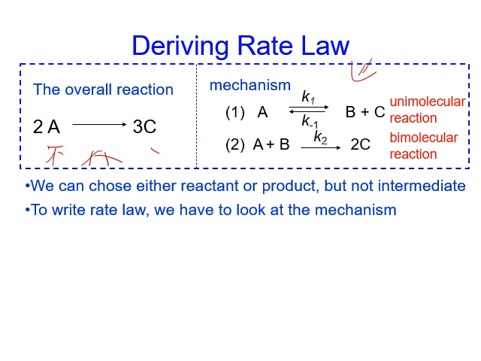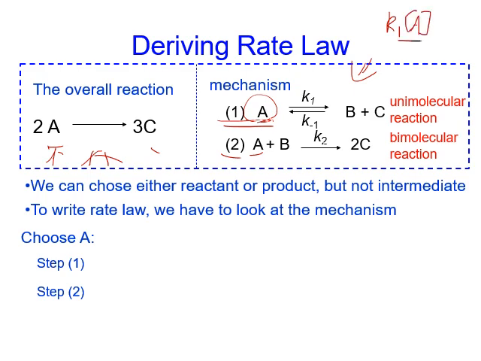So we look at how many steps involve A. We have the first step and second step, both involving A. For the first step, you have the forward reaction which consumes A. The forward reaction rate is k1 times A. A is the reactant, so it is consumed, and we add a negative sign, because the concentration of A decreases, and that's how fast it decreases.